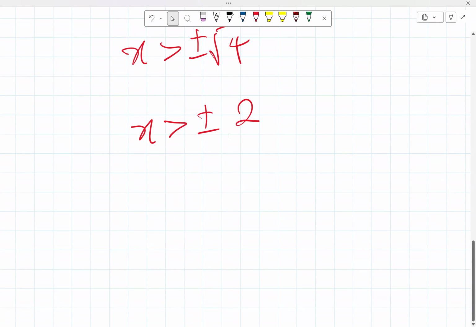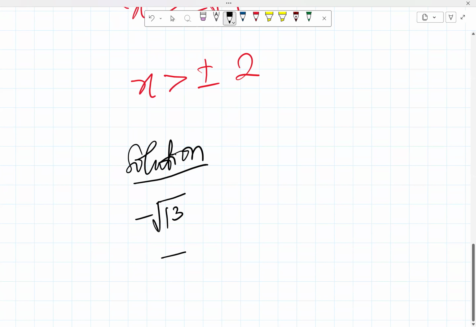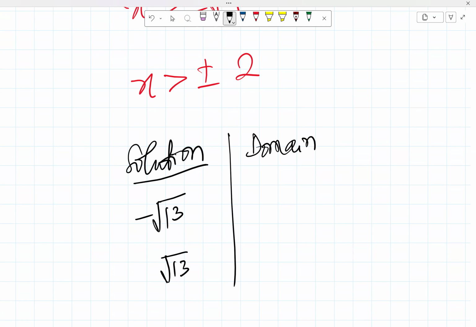So for the actual solution, we have minus root 13 and we have root 13, the positive. Then domain, what does domain tell us? Domain says that x must be greater than plus or minus 2. Maybe we should just split it up. So clearly, minus root 13 is not greater than minus 2.